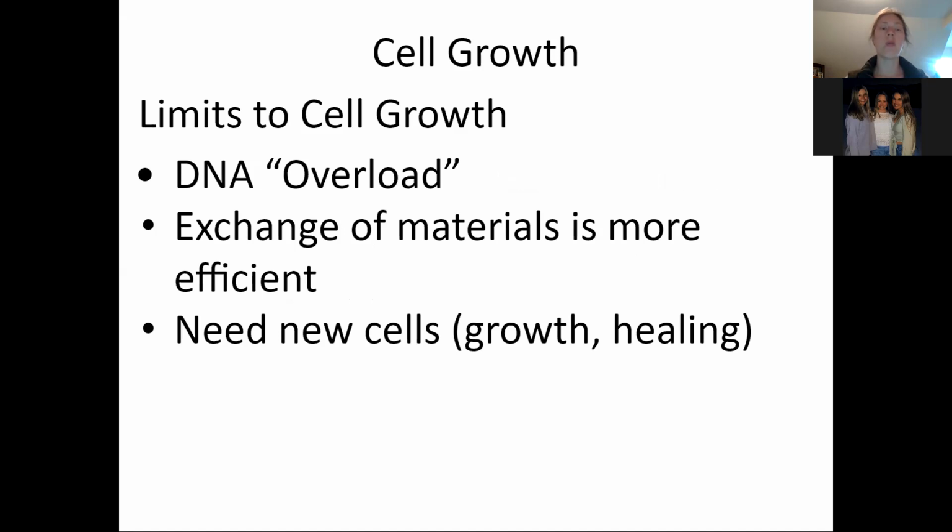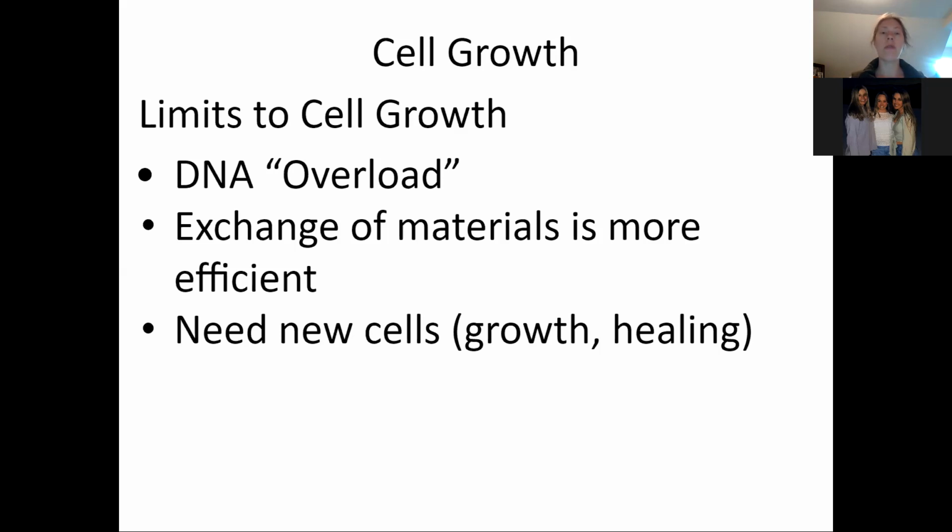As they continue to grow, their DNA can only take care of a certain range or size or space very efficiently. So it's kind of hard to control the cell as it gets larger. And as the cell grows and gets larger, it makes it really difficult for it to get materials in and out efficiently.